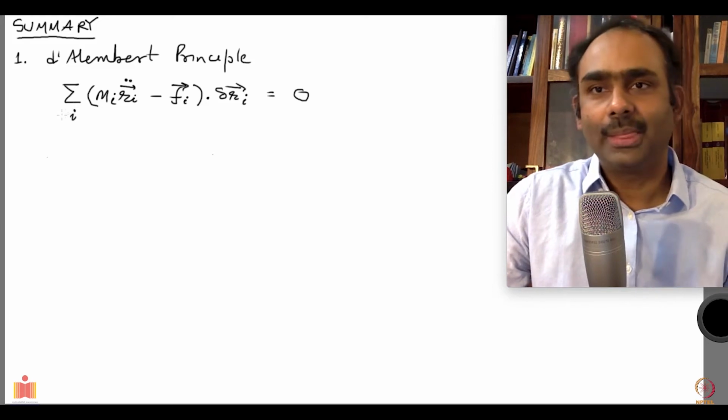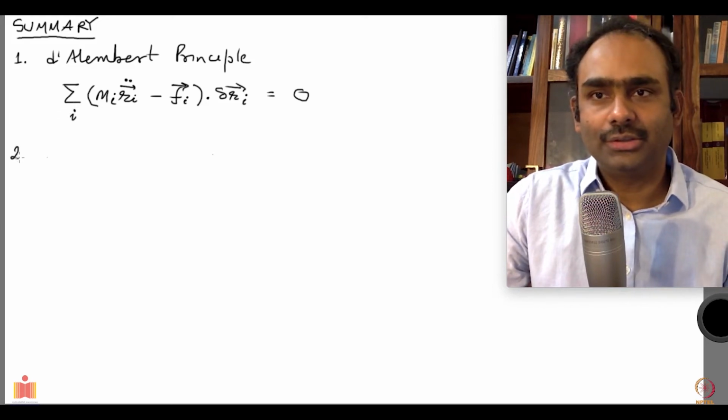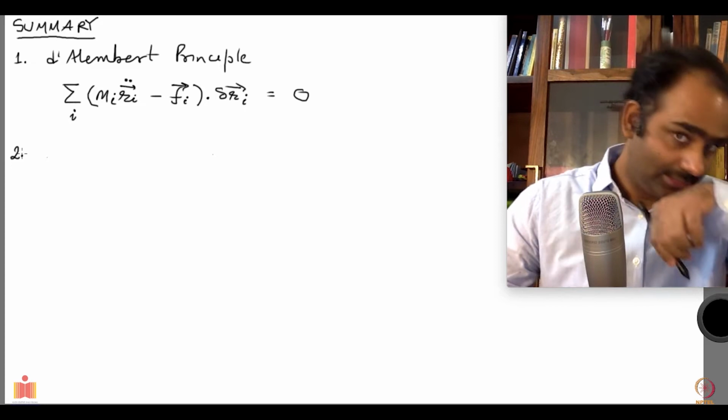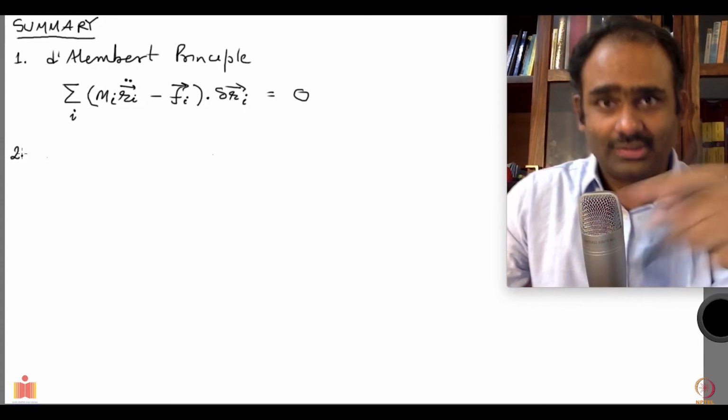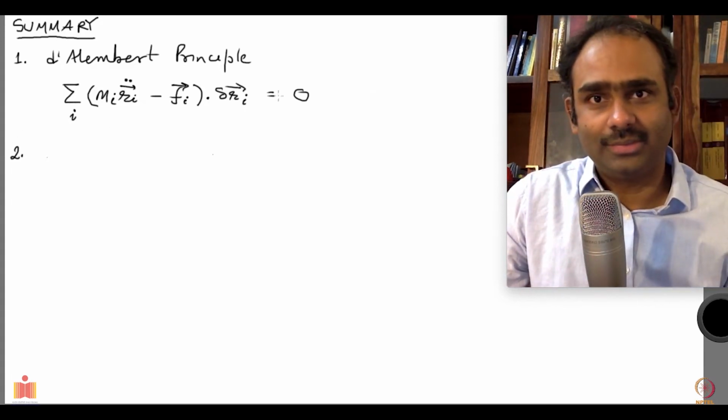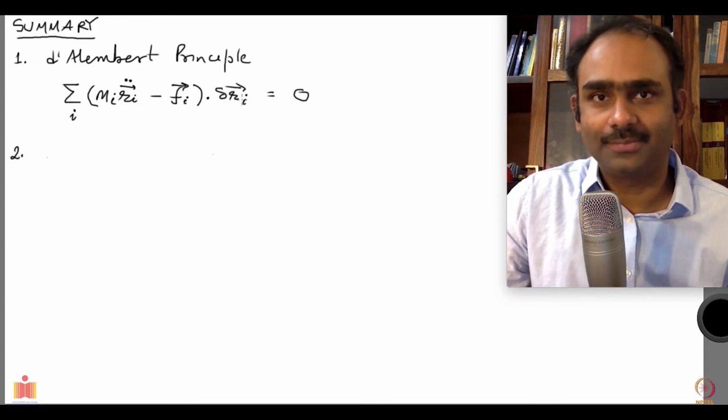And then we went on to introduce generalized coordinates, and the reason was to transform this part into independent generalized coordinates, so I could equate the coefficient of dq alphas to 0.